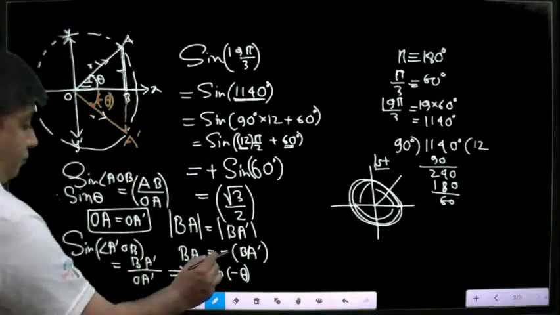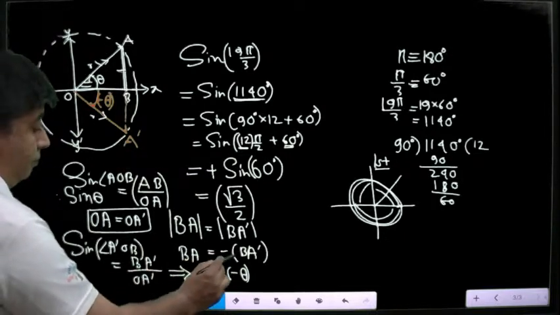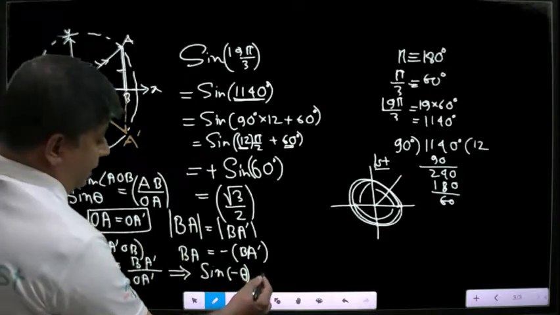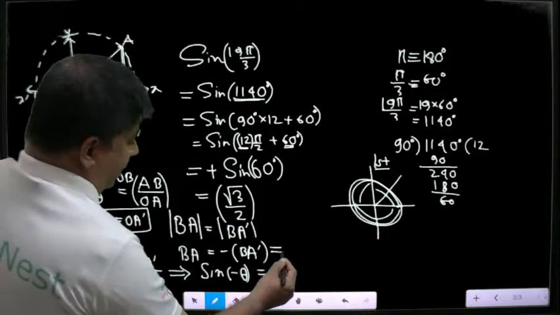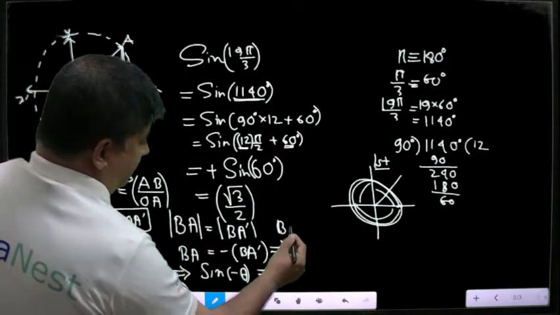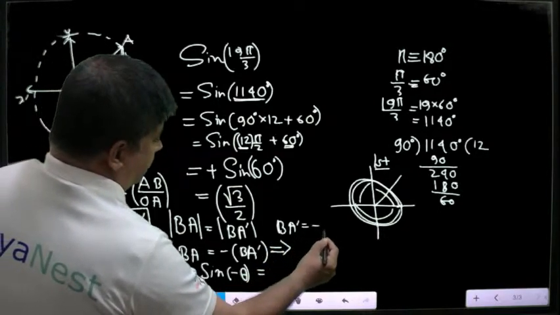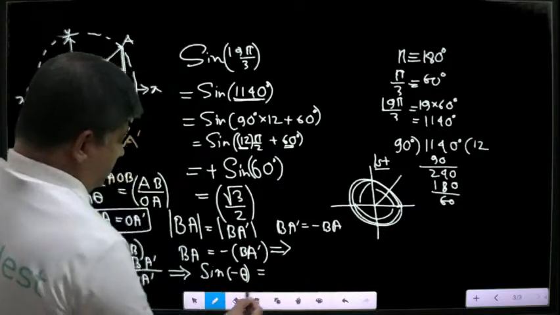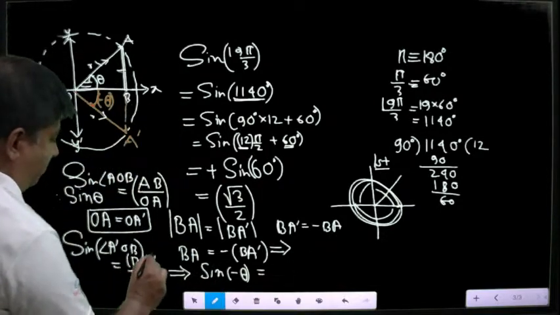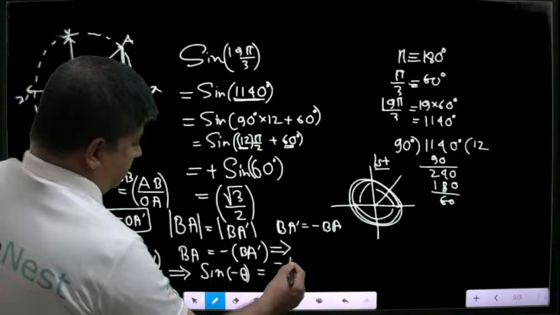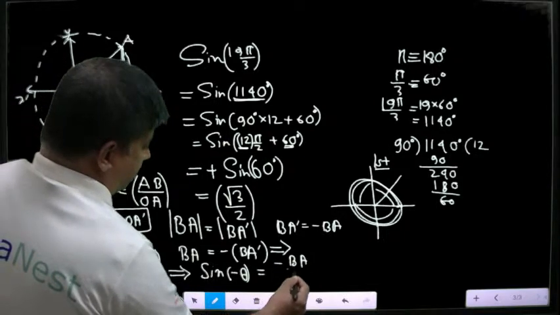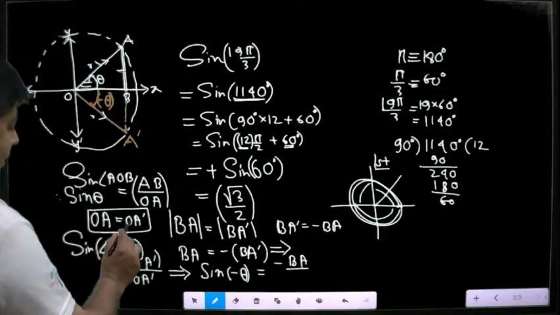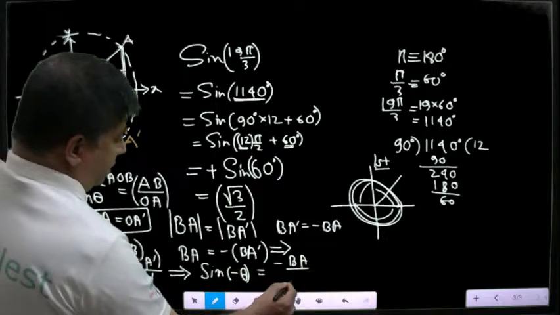Now BA dash is equal to minus BA, so instead of BA dash you put minus BA, and OA dash is equal to OA.